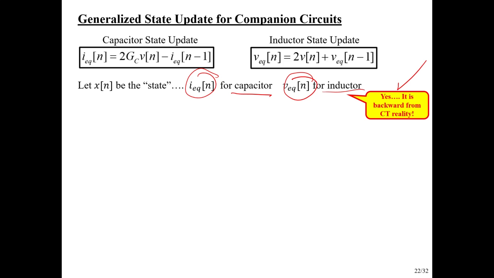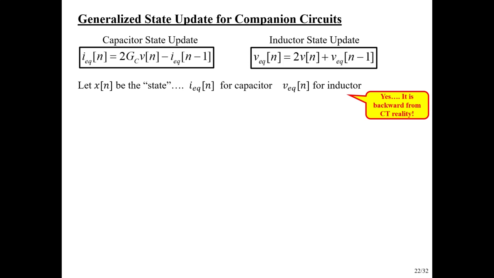And keep in mind that's backwards from what our CT reality should be, right? States for capacitors in circuits are voltages, and states for inductors in circuits are currents. But in our discrete time model world, it gets switched around. It's not that it's wrong, it's right.